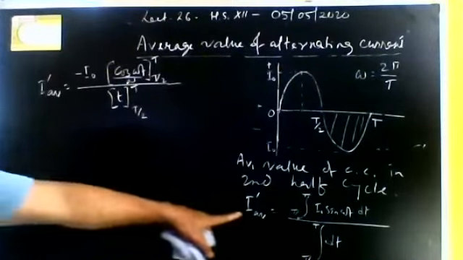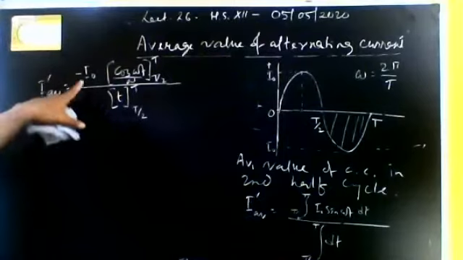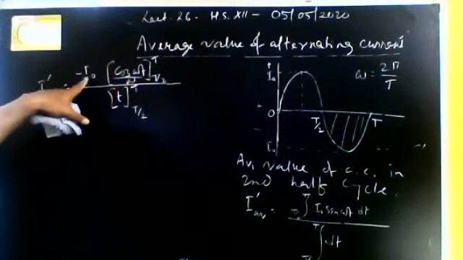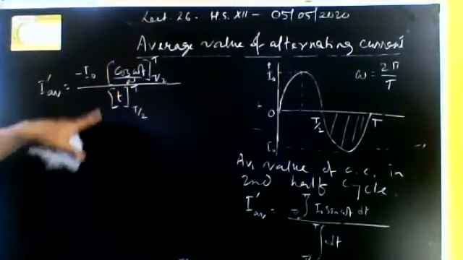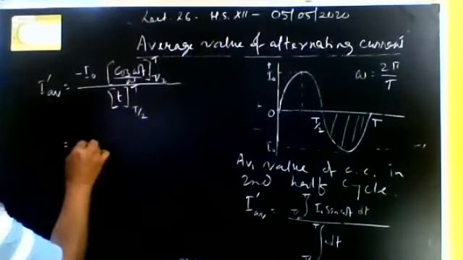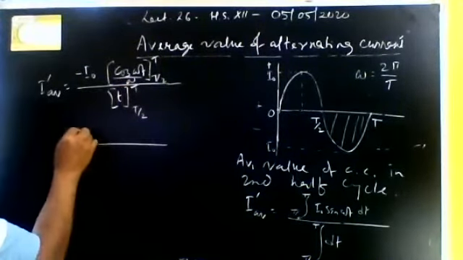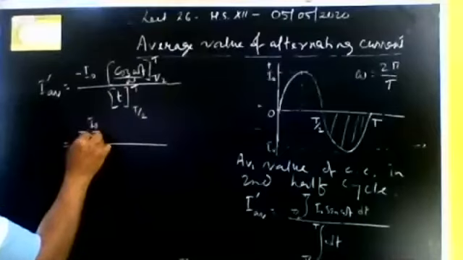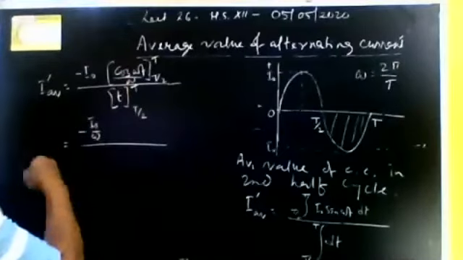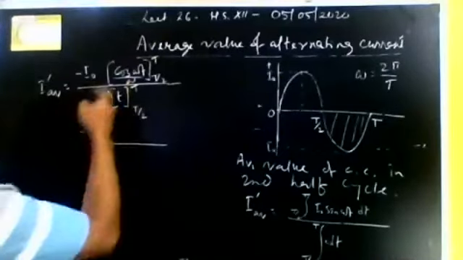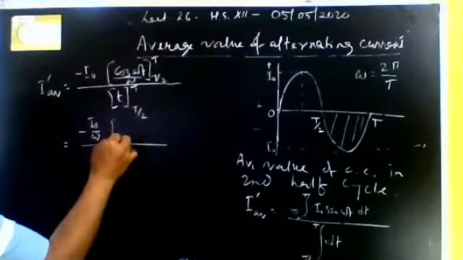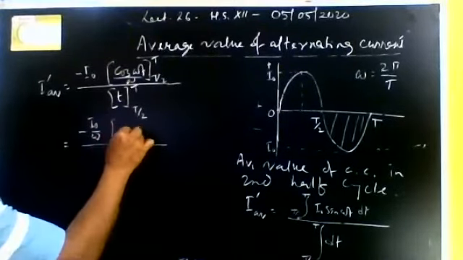So after integrating sin ωt, you get again minus cos ωt by ω. So I naught is a constant, so you have to integrate this value. So minus I naught, ω will come out because it is a constant angular velocity, and cos ω.